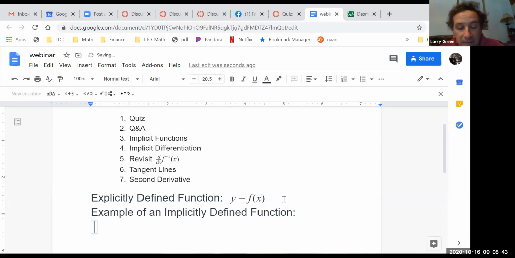And that would be something like xy minus the sine of x plus the cosine of y equals xy squared.